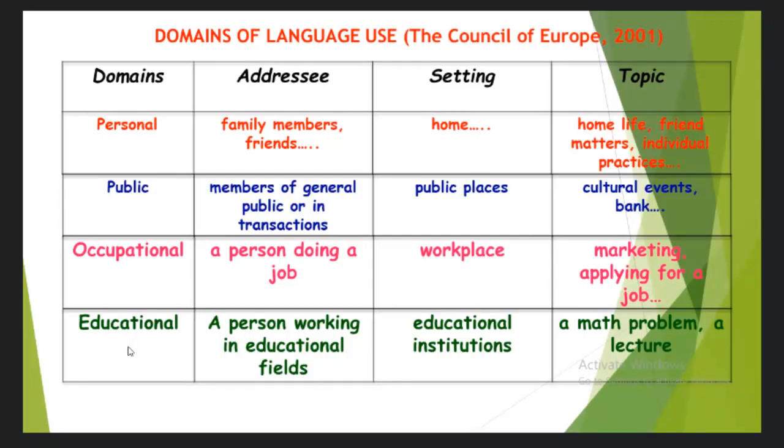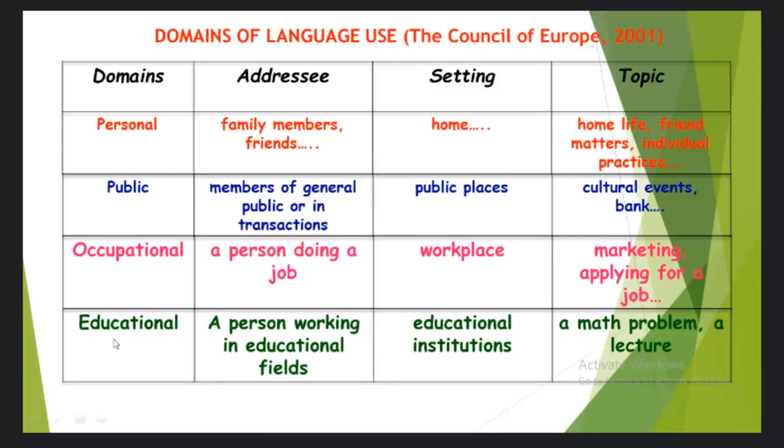For example, for the personal domain, the people involved in the conversations may be family members or friends. How about the place where it takes place? It may be at home, or somewhere family members meet, or where friends meet, maybe in a cafe. And they are talking about family or friend matters or individual practices, right?